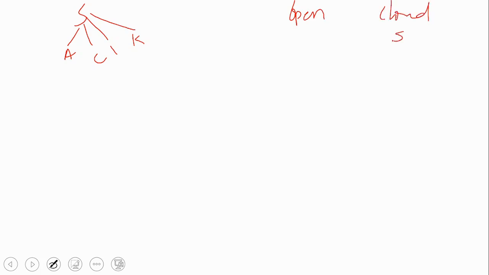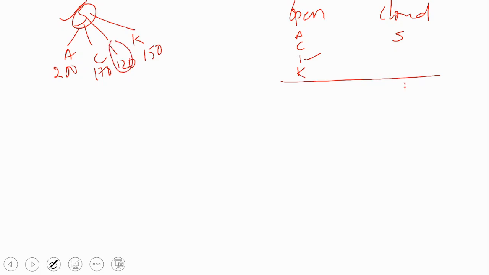Now S is already visited, and A, C, I, K move to the open list. A has 200, C has 170, I has 120 and K has 150 as heuristic values. Among these, I has the least value, so I will be moved to the closed list.